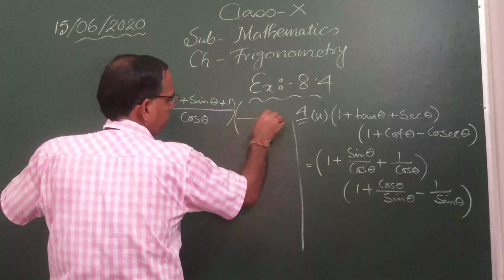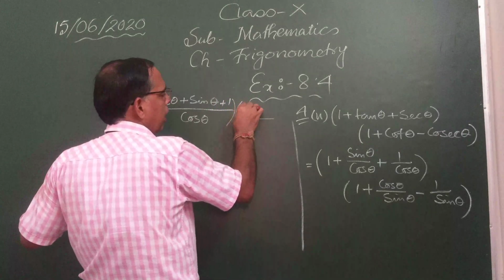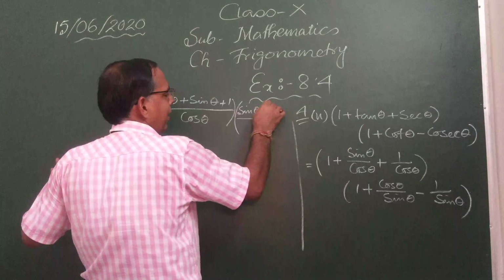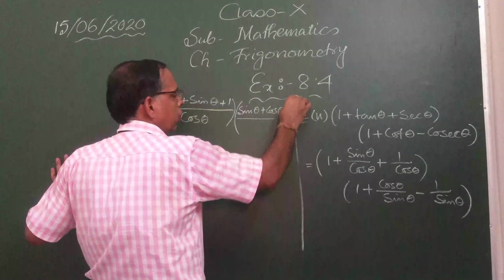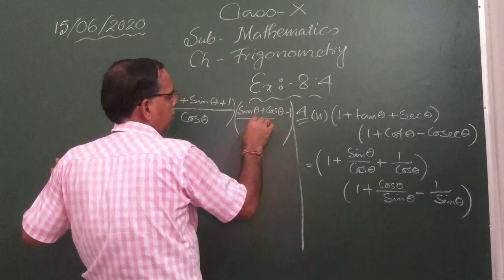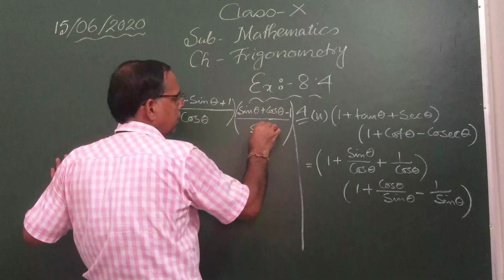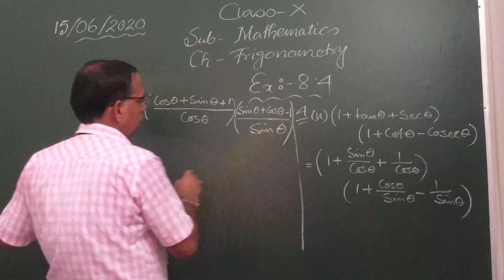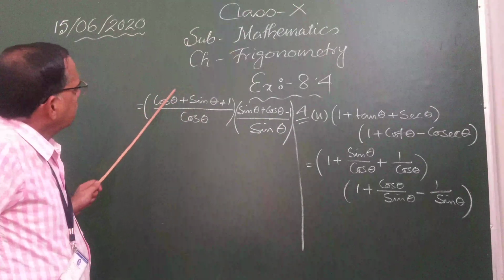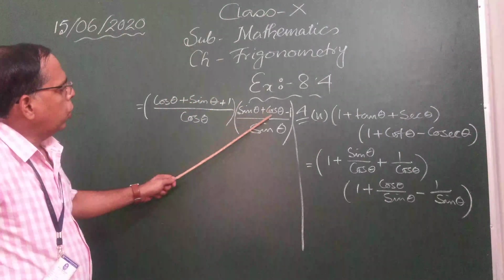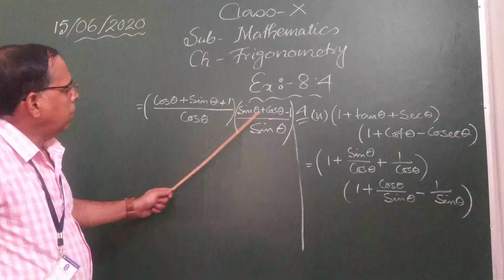Similarly, (sin θ + cos θ − 1)/sin θ. Now, one thing you see, cos, sin, cos, all are positive. Plus 1, minus 1.